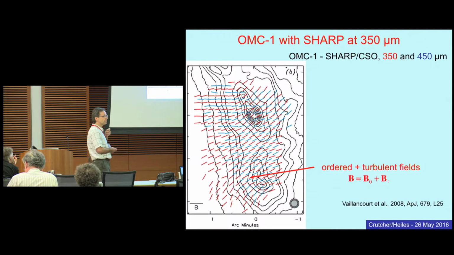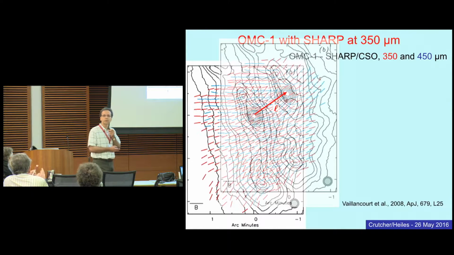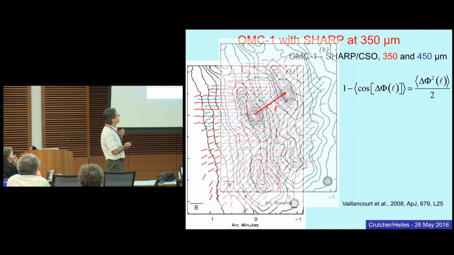obtained with the Hertz polarimeter of the CSO, or the SHARP polarimeter. And if you look at the magnetic fields here, the orientation of the magnetic field, gained from polarization. So what you do is effectively translate your map in a given direction by a given lag, and you do that for many different values of lags, and then you calculate your function, and you get this.